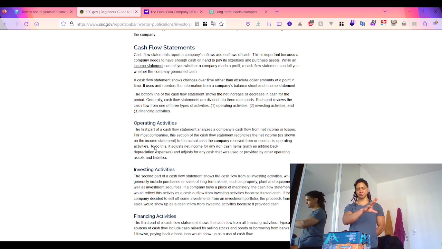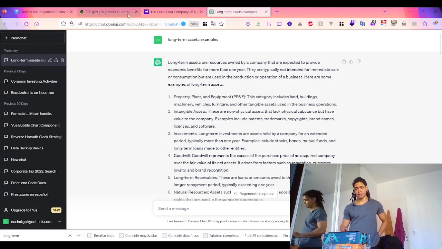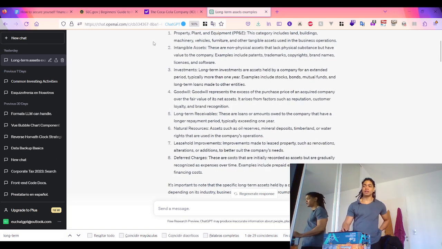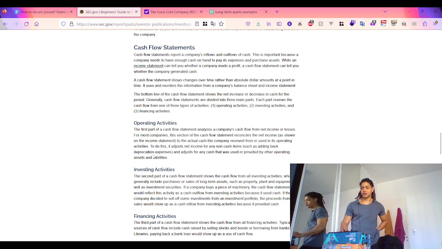Now the cash flow statement reviews the investing activities, which generally include the purchase or sale of long-term assets: intangible assets, patents, copyrights, trade secrets, goodwill, trademarks, property, plant, and equipment, investing portfolio or investments, leasehold improvement.